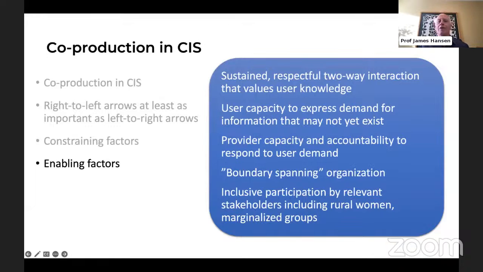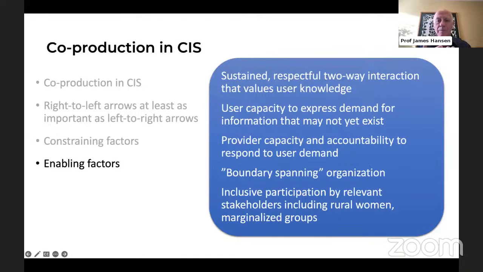Boundary spanning organizations. So a boundary spanning institution or organization is an organization that has some knowledge of climate science and climate information, the meteorological community, and some knowledge of the decision-making community.